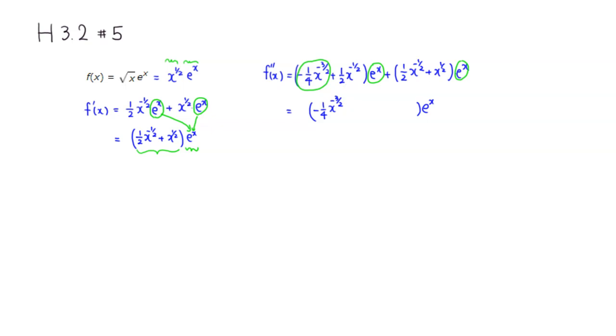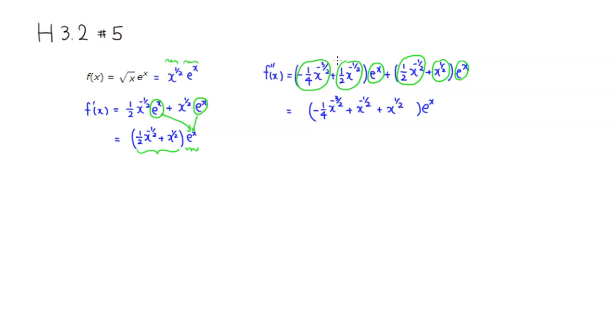Also we have a 1/2 x to the negative 1/2 power, and another 1/2 x to the negative 1/2 power. If you combine that, you're going to get x to the negative 1/2 power. And the last one is x to the 1/2 power, so I'm going to put plus x to the 1/2 power.